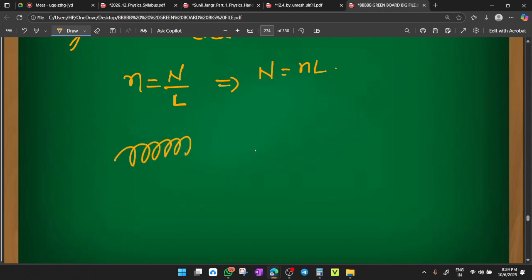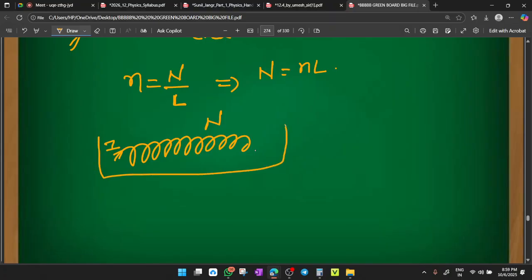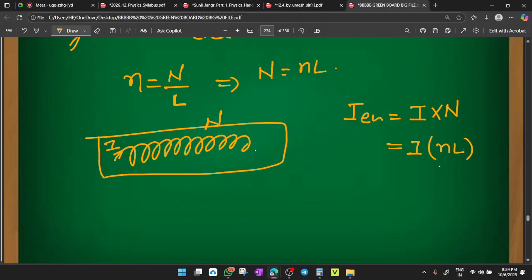There are capital N turns, and each turn contains a current I. So we want the total amount of current, the I enclosed from that loop. I enclosed equals the total number of turns multiplied by the current through one turn. So it becomes I into nL, which equals nIL.